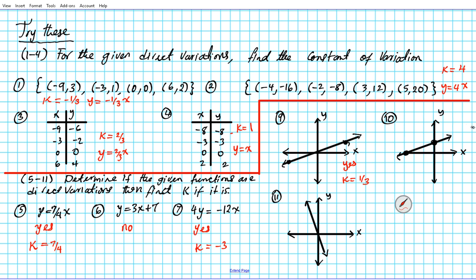So number 10 is a no. And then for number 11, that's a yes, and it goes through this point right here. And then if you use that to find your k value, it is going to be -3, just -3/1, which is just -3.